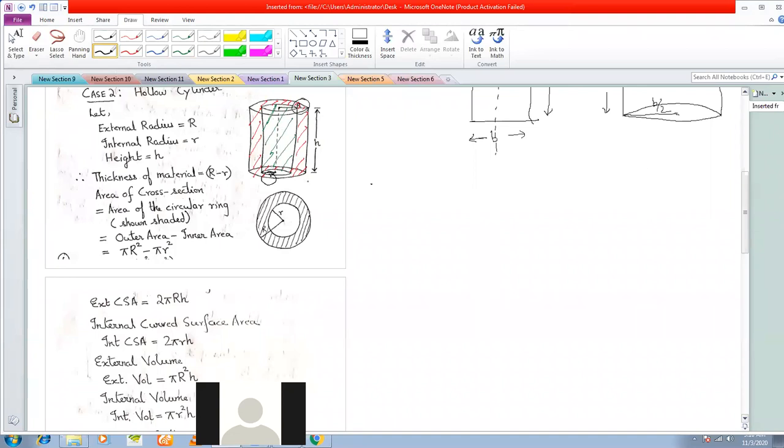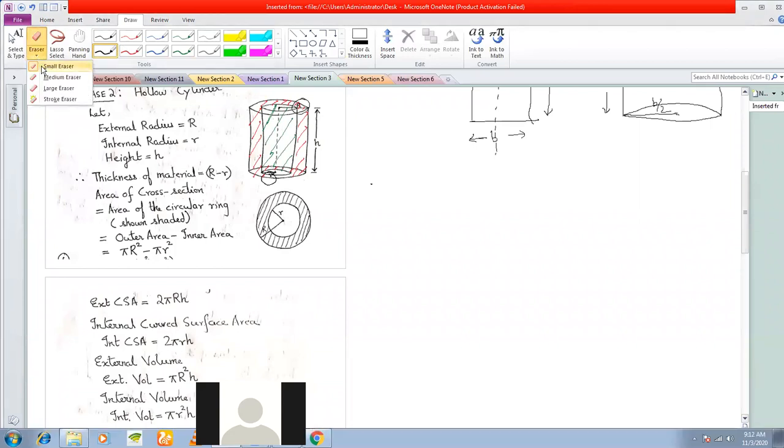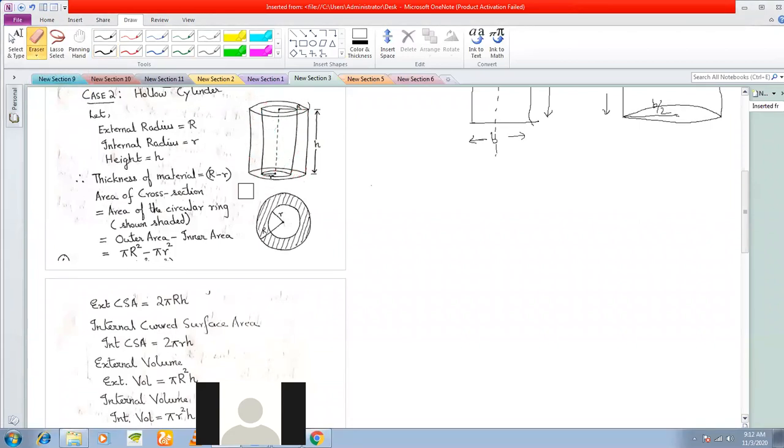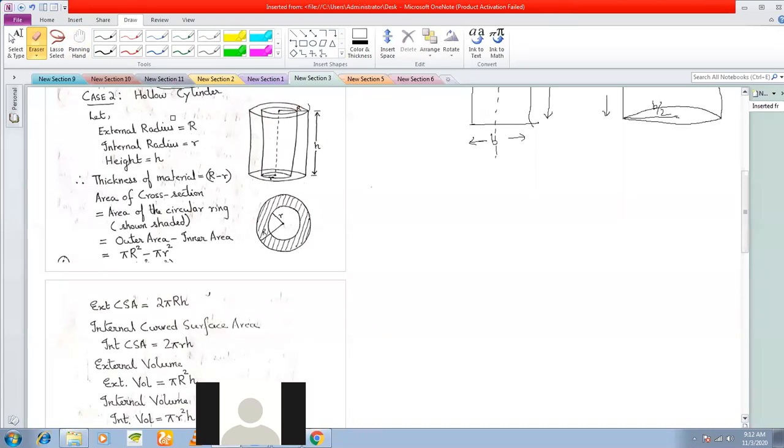Also, if you see the top part here, this part has been left out, and I'm not talking about the area here first. So the volume will be outer minus inner. Outer radius, you know, capital R, inner radius, you know, small r. So you can find out the outer volume minus the inner volume. You will get the volume of the material.